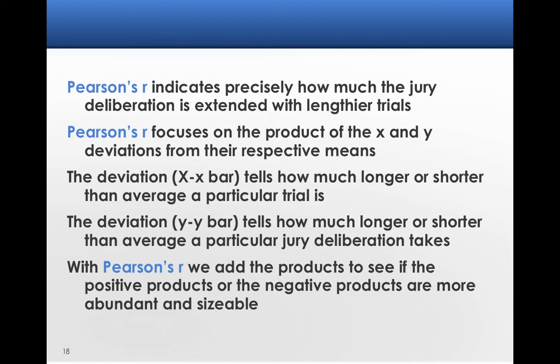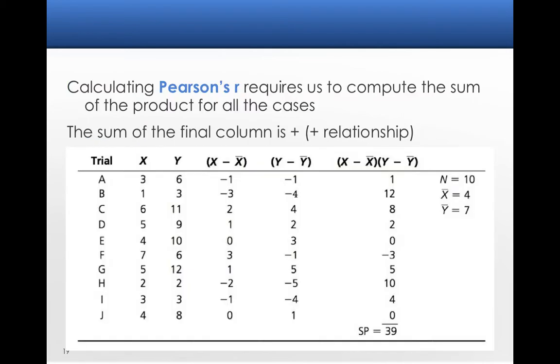Pearson's r is going to tell us how much the jury deliberation is extended with lengthier trials. It focuses on the product of the x and y deviations from their means. We add those products to see if positive or negative products are more abundant and sizable. Calculating Pearson's r requires us to compute the sum of the products for all the cases.